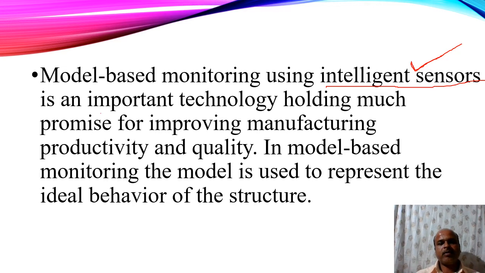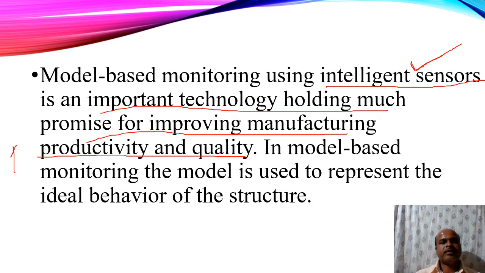Therefore, it is an important technology holding much promise for improving manufacturing productivity and quality. So productivity increases, then time decreases, and quality of the product is also increased due to the intelligent sensors. A number of sensors are used.